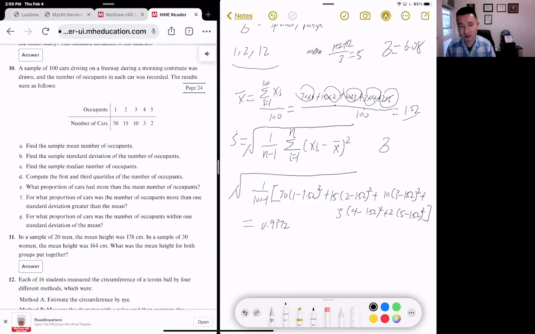You can use a function for standard deviation. I don't really care, as long as you know which equation to use. How you do the calculation is okay. I don't really mind.